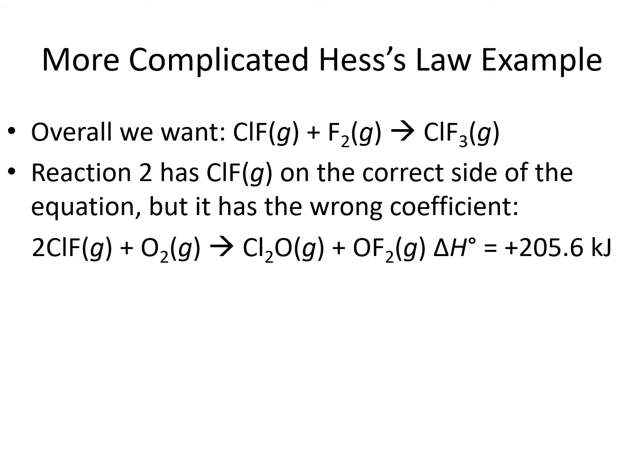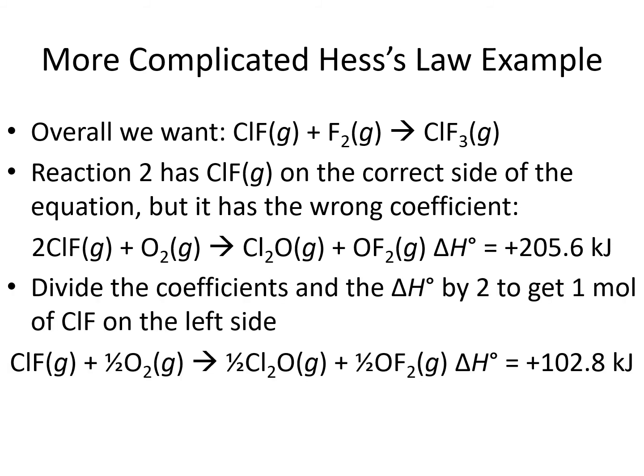In this case, since our step equation has a 2 and we're trying to get it to be a 1, we're going to have to divide. So we're going to divide our whole equation by 2. Not just the ClF, but everything in the equation. So all of the coefficients will be divided by 2.